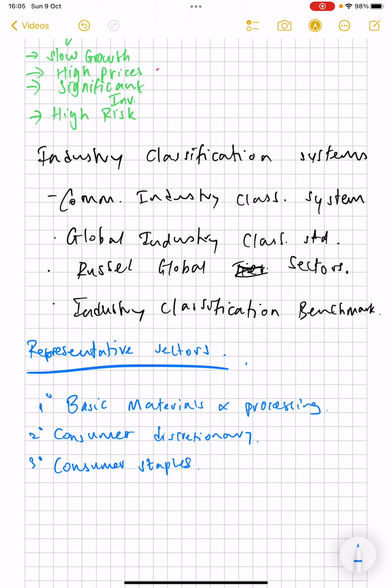Examples in this category: supermarket, soap and detergent, and personal care. All these are consumer staples. Fourth category is the energy company, when we talk of exploration, production or refining of natural resources to produce energy.